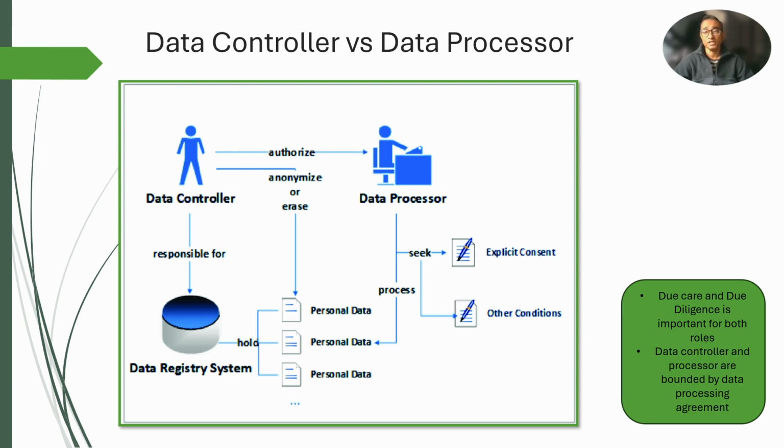Therefore, in a nutshell, it is important for both data controller and data processor to have proper due care and due diligence in terms of acquiring the data and in terms of processing the data. Both hold responsibility and accountability at different levels for overall data processing.